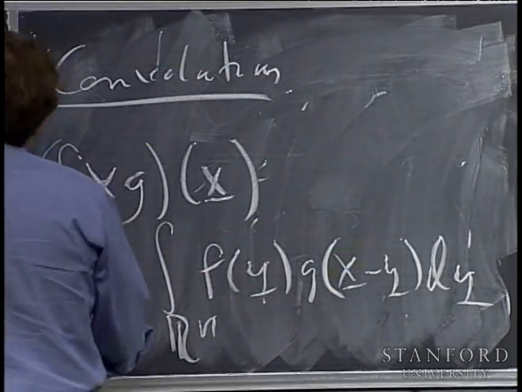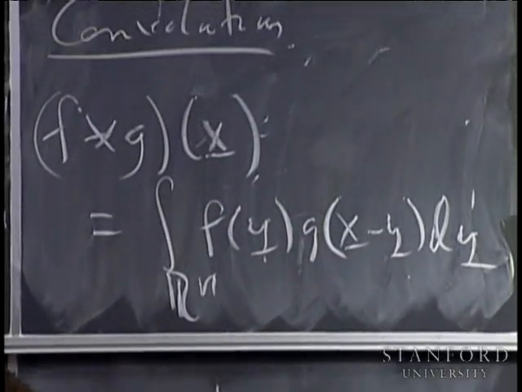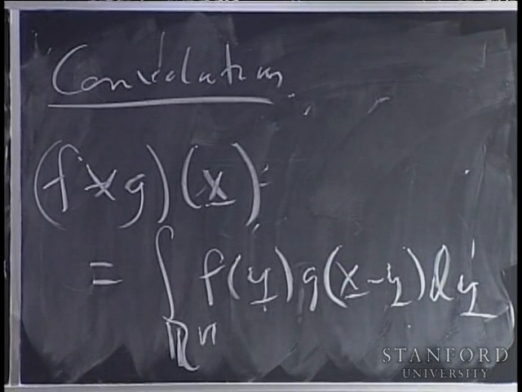Now, you would not want to write this out in coordinates. You are much happier writing this out in vector form. Think about writing this down in the two-dimensional case.